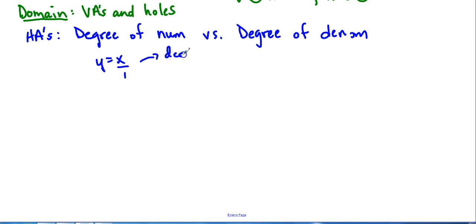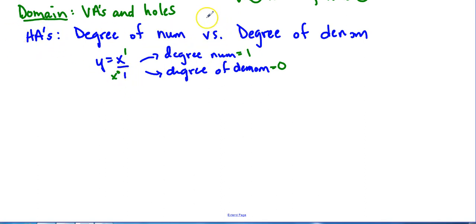So the degree of the numerator equals 1 in this particular case, because this is x to the first. We also have the degree of the denominator, that's equal to 0 because we have no variables. So technically this is x to the 0, 1 to the first.